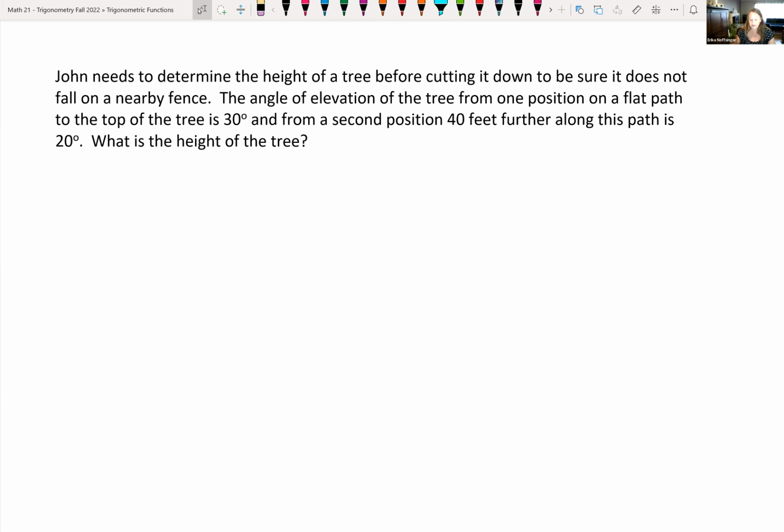What is the height of the tree? Okay, so we have some path. And from the path at one spot, an angle of elevation. So from the horizontal, we're going up 30 degrees. We get the top of a tree.